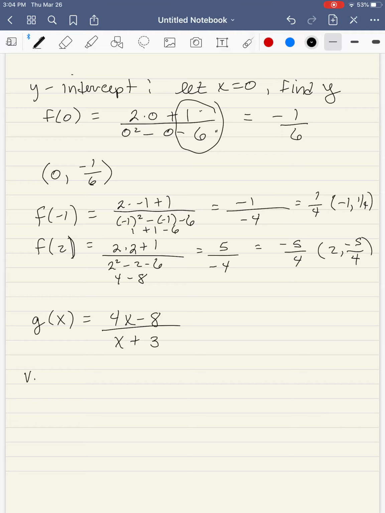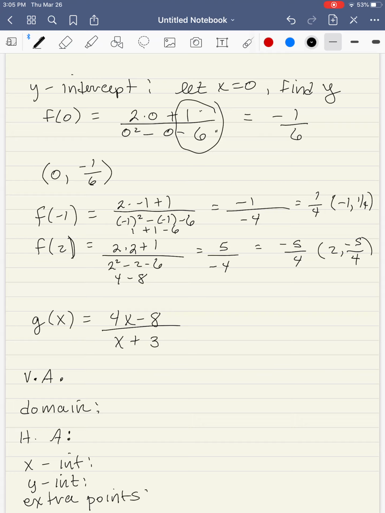And what I would like you to do is find any vertical asymptotes, its domain, its horizontal asymptote. And remember, you can only have one horizontal asymptote, but you can have more than one vertical asymptote. I want the x-intercept, y-intercept, and some extra points.